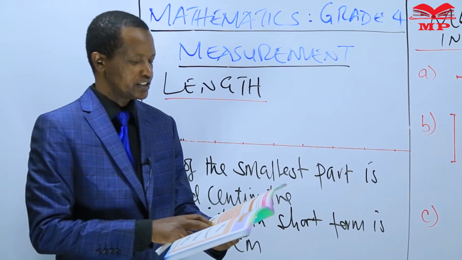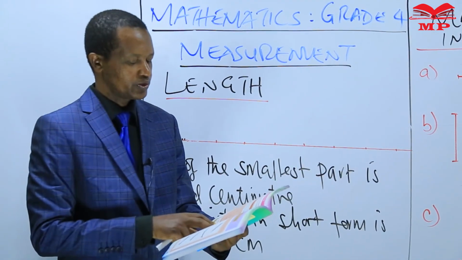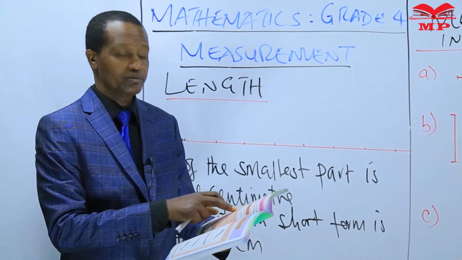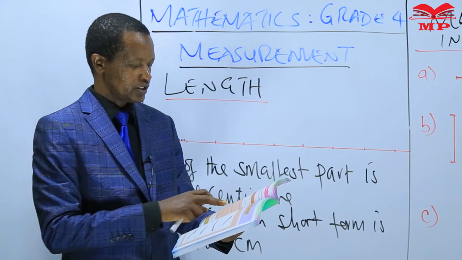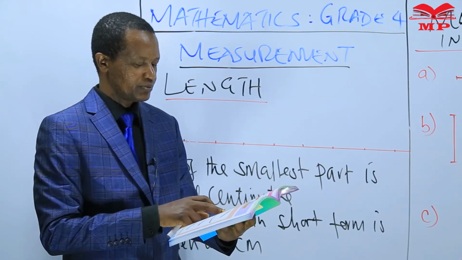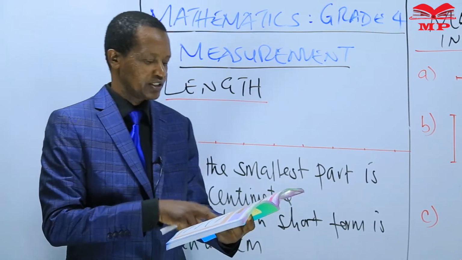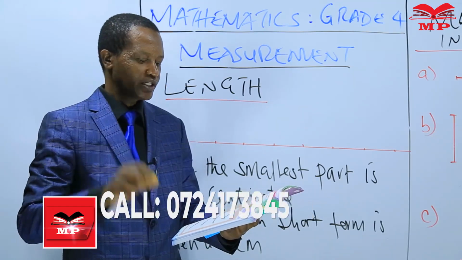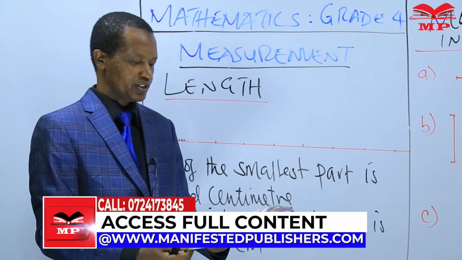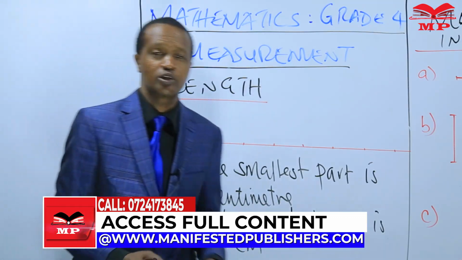Question 1 says, write centimeters or meters to show the units that can be used to measure the length of items named below. Then question 2, write 6 other items whose length can be measured in centimeters. That is your assignment. Make sure the assignment is done before you come to our next lesson.